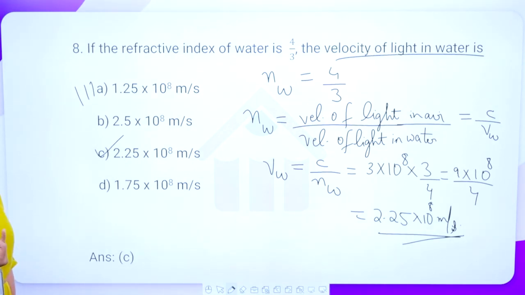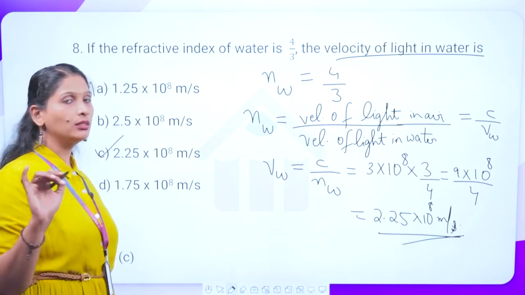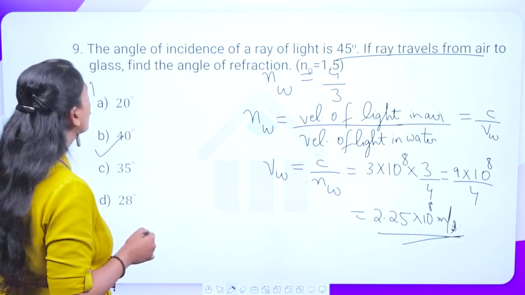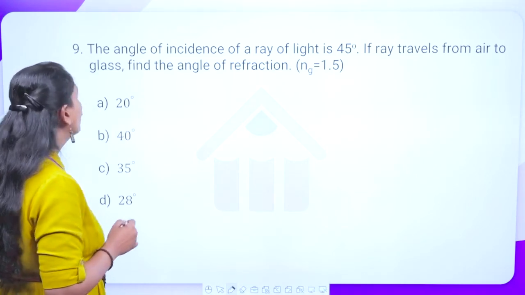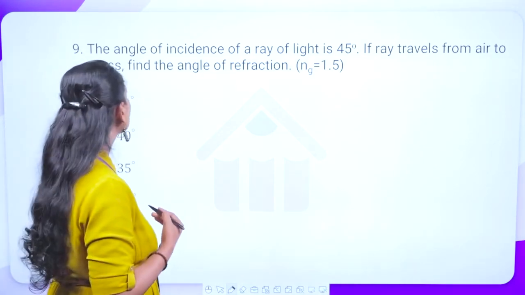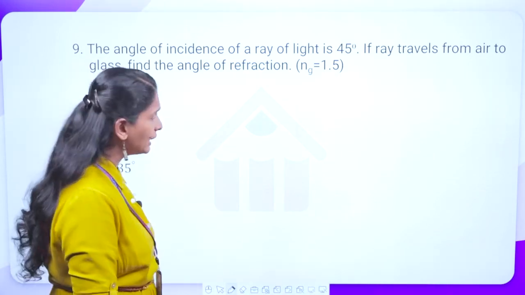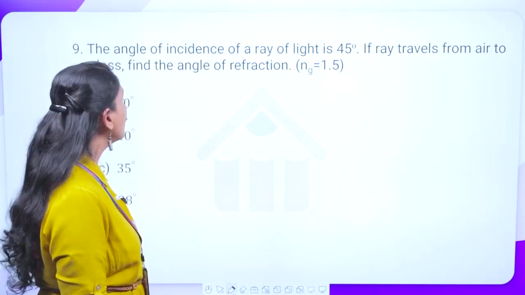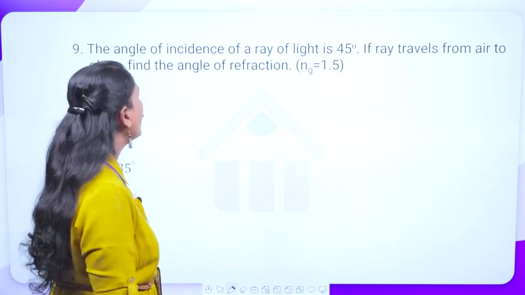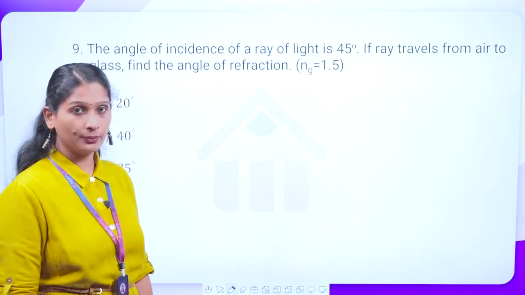So most probably you might have done 4 by 3. So check with it whenever you are doing numericals. Now we have the next question. The angle of incidence of a ray of light is 45 degree. If the ray travels from air to glass, find the angle of refraction.